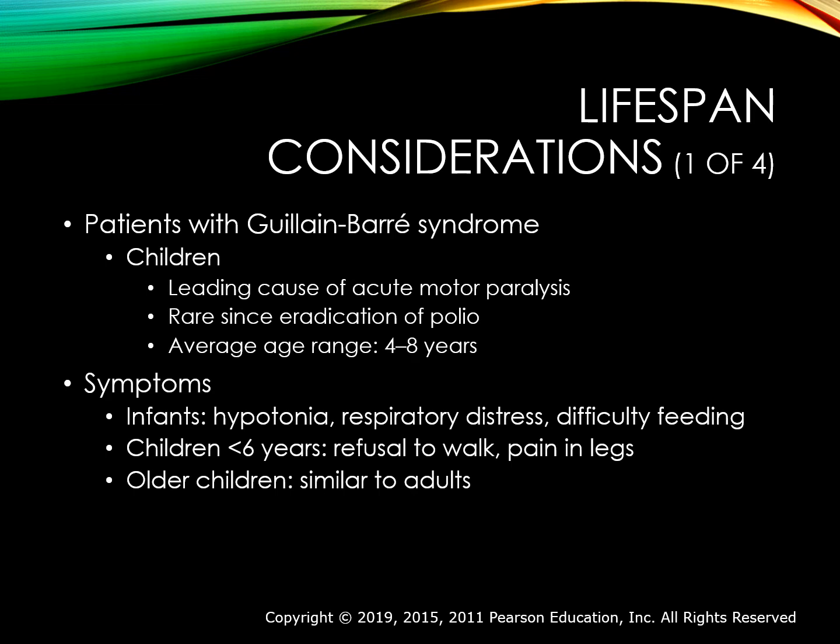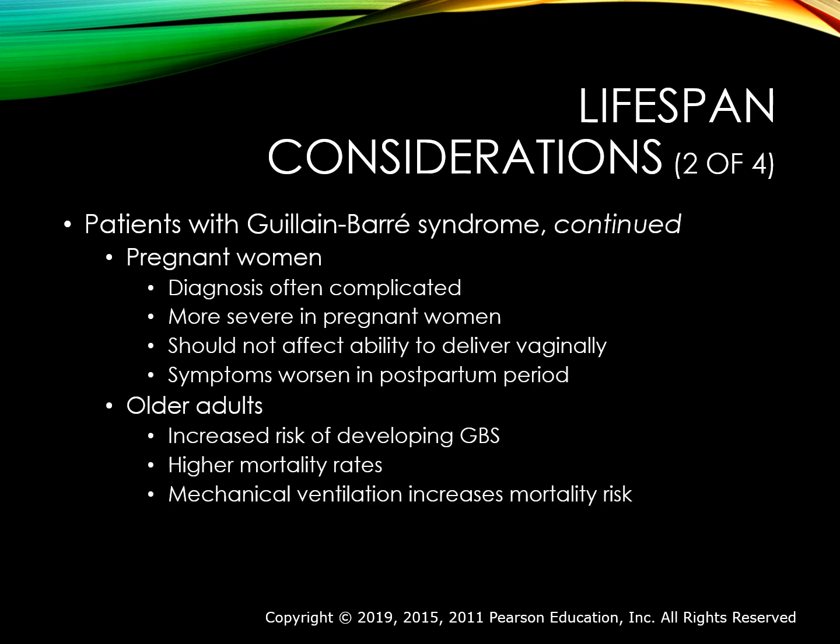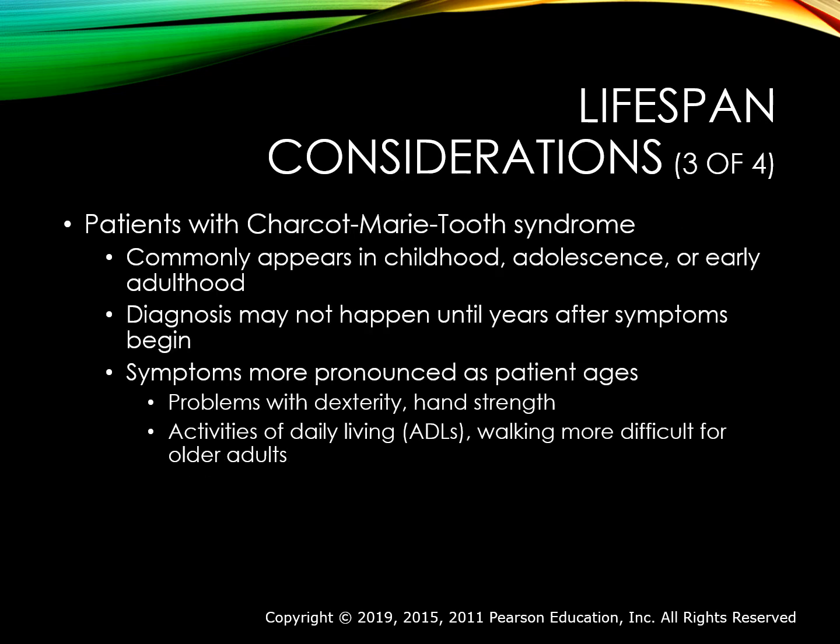Children less than 6: refusal to walk, pain in legs, and older children are similar to adults. Patients with Guillain-Barré who are pregnant, diagnosis often is complicated, more severe in pregnant women because you're already in distress as it is, and then of course in the older adults, and that's where you usually see that.